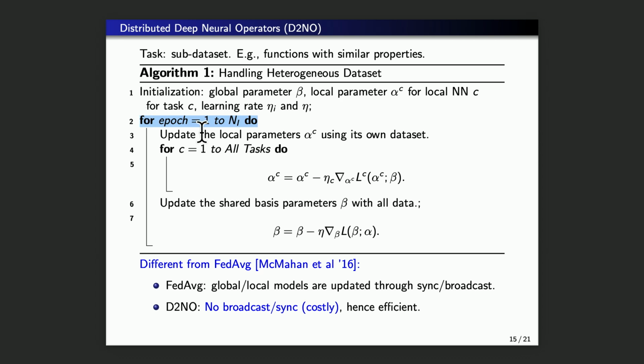In this update, we have two major updates: one is the global update and the other is the local update. For the global, we update the shared parameter, and for the local, we update the network parameter one by one for each task.